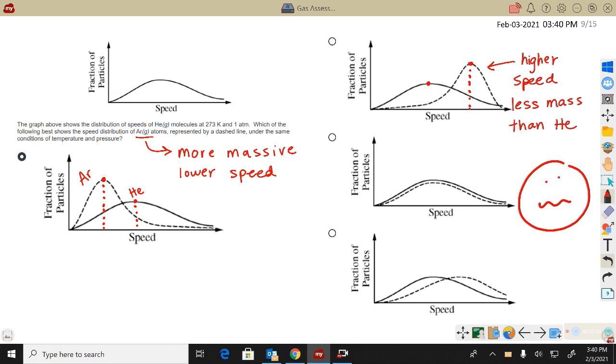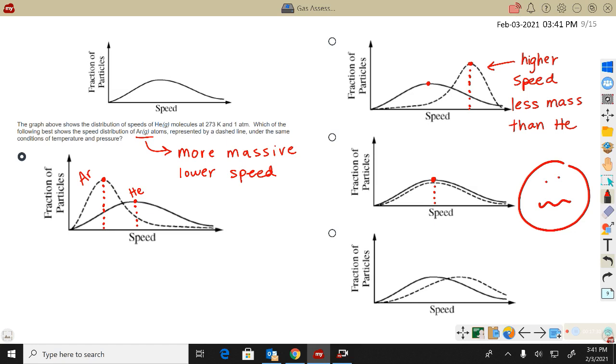Maybe like 2 samples of helium, but 1 sample is a little bit smaller. On average, these have the same speed for the dashed line and the solid line. Maybe it's 2 gases that have about the same mass.